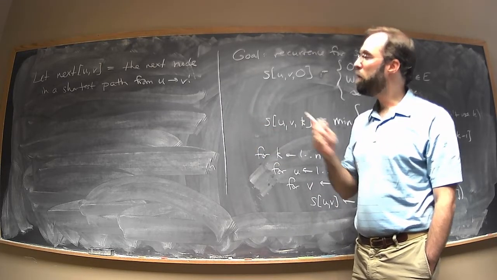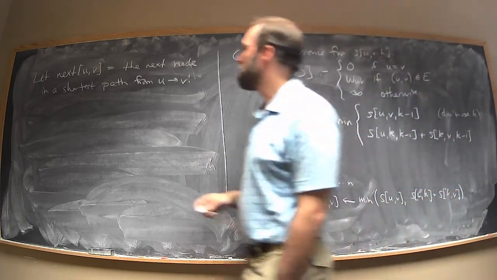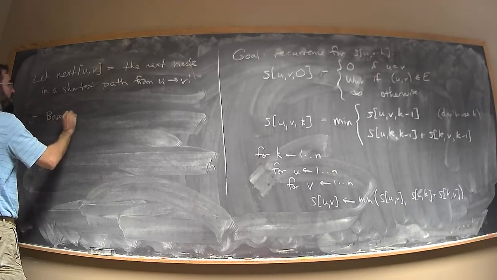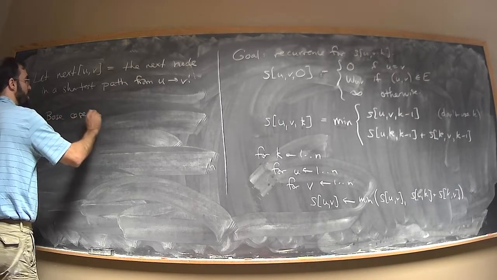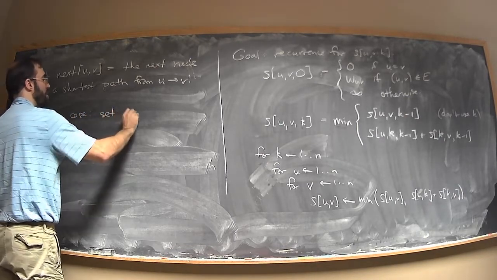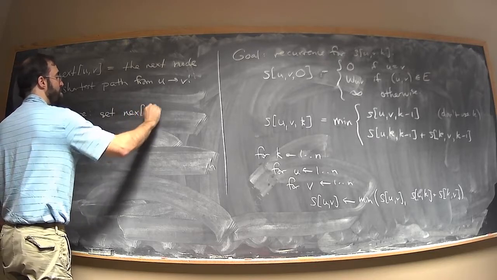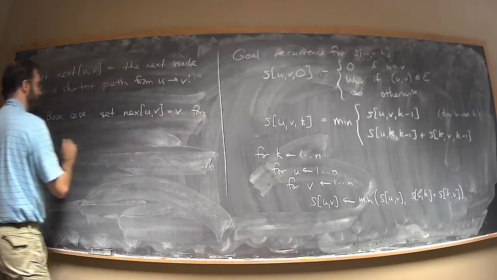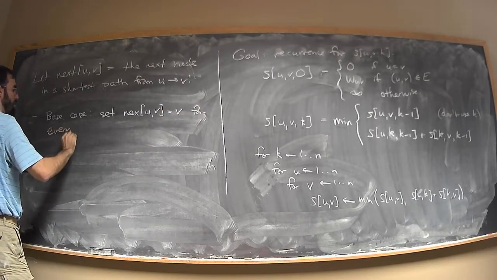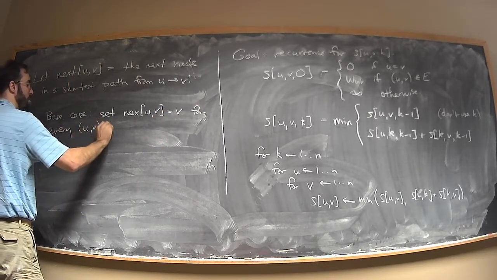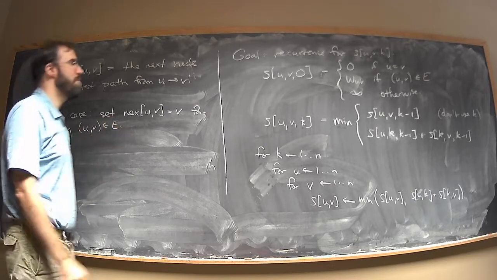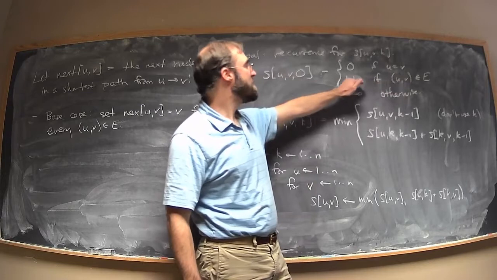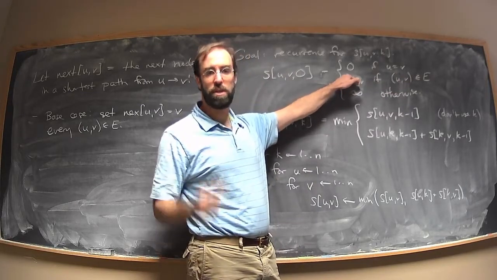So how are we going to maintain this? Well, in the base case, we're going to set next UV to V for every edge. Right? That corresponds to this base case here. We said if we actually have an edge, then the best path we know of so far is just to take that edge.